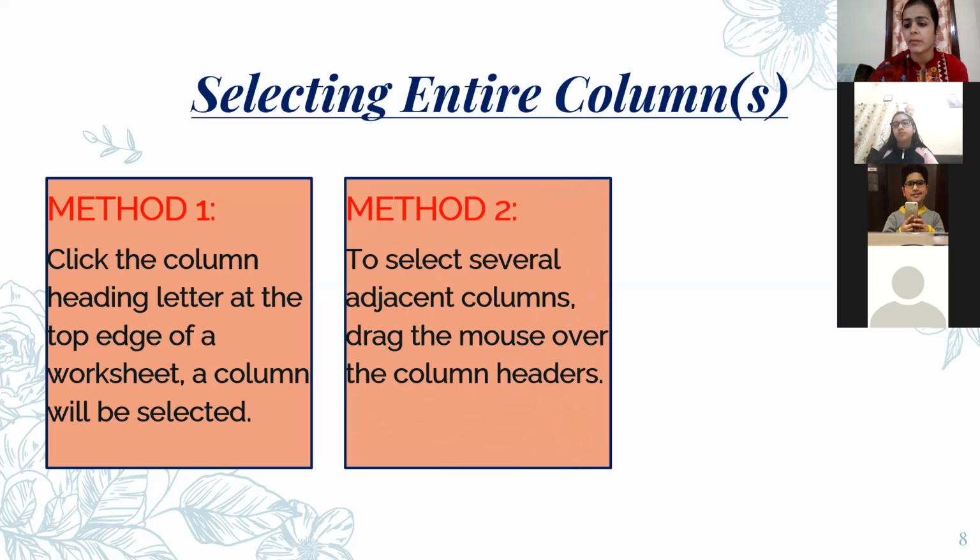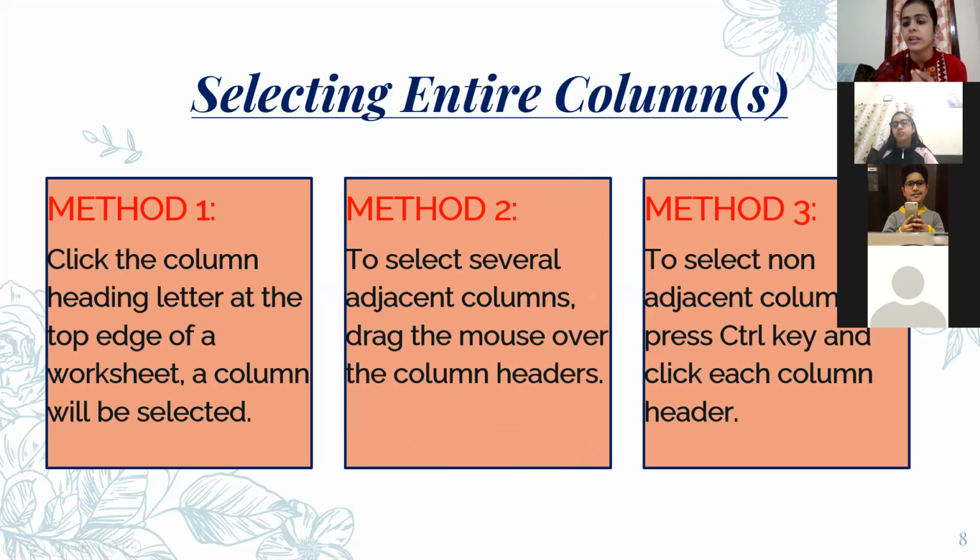Third method: if you want to select non-adjacent columns, not in a continuous form, press the Control key from the keyboard and then click on each column header. Clear? These are the three methods that you will use when you want to select the columns.